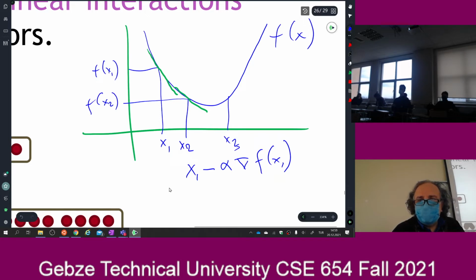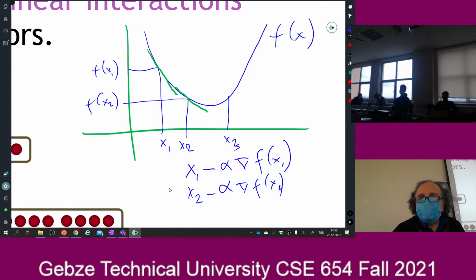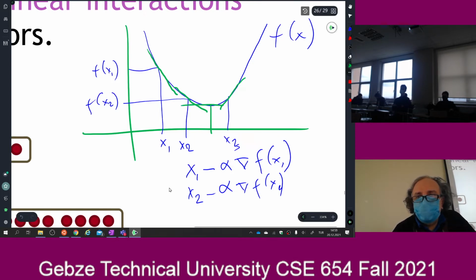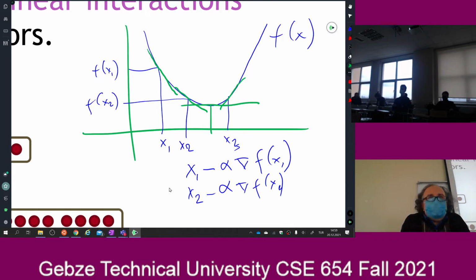So when I do x2 minus the derivative of x2, I get x3. Now x3 says that my slope is going to be that way. Eventually I will find this location which produces a derivative of 0, and a derivative of 0 is going to be a line like that. So I found it.